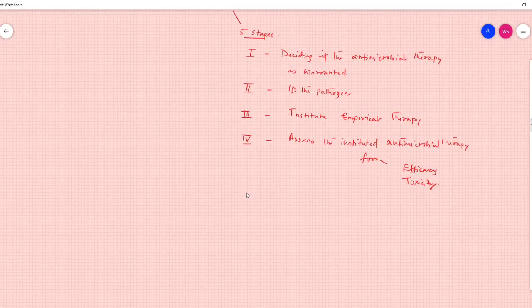And the fifth stage would be to refine the instituted therapy.